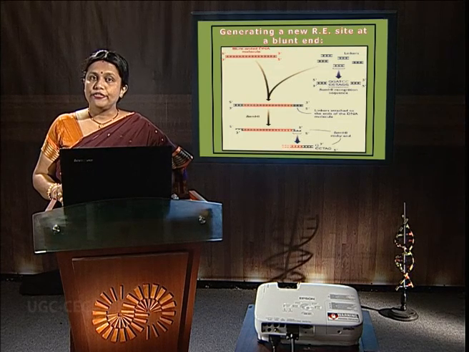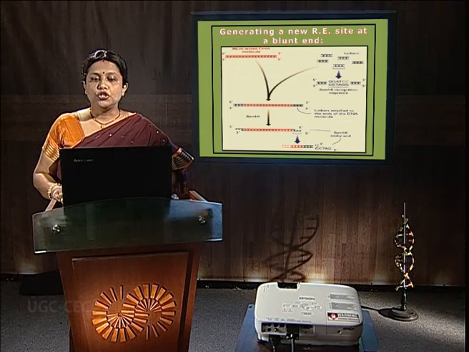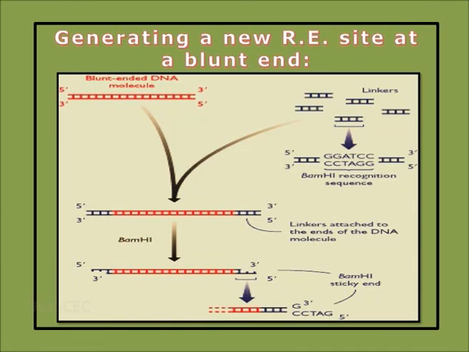Next, if you are in a situation wherein you want to generate some new restriction endonuclease sites in your blunt-ended DNA, then what are the options? You will be using certain linker DNAs. What are linker DNAs? They comprise restriction endonuclease recognition sites which can be generated by synthesizing DNA artificially.